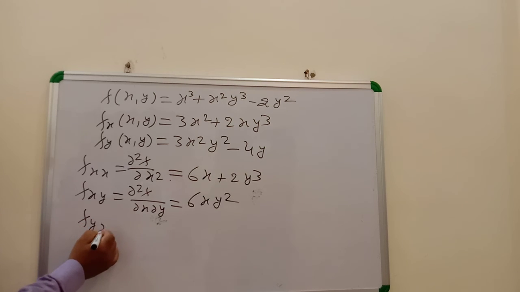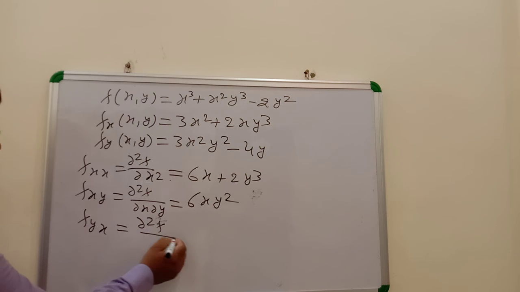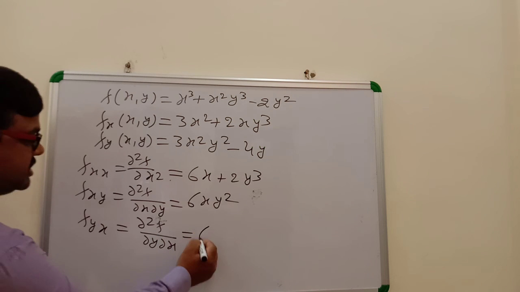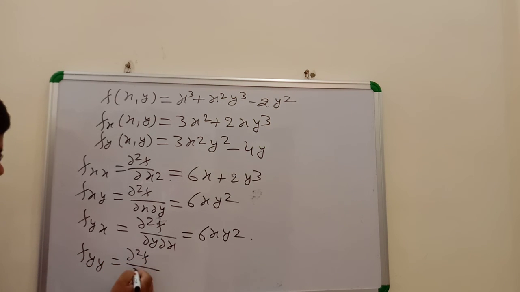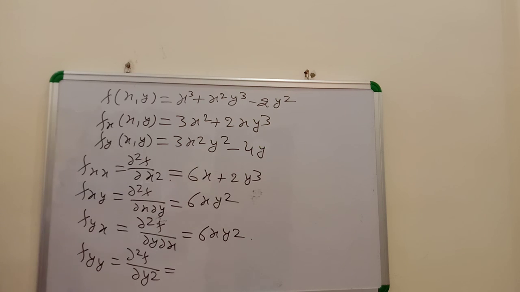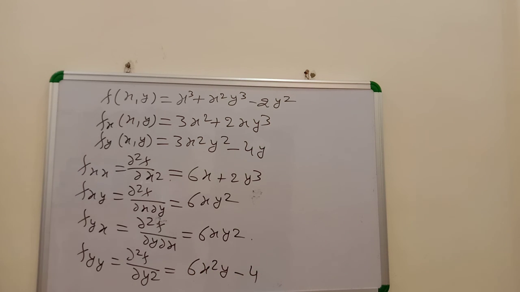Similarly, fyx, del 2f over del y del x, is equal to 6xy square. To find fyy, that is del 2f over del y square, differentiate with respect to y again, and this is equal to 6x square y minus 4.